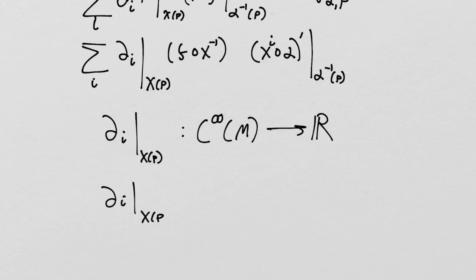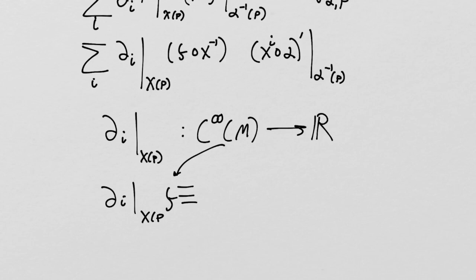Because this guy here, as we see, is actually operating on a function of R^n, because we have this x inverse in here first. So I'm going to define this mapping applied to a function from C infinity, right?